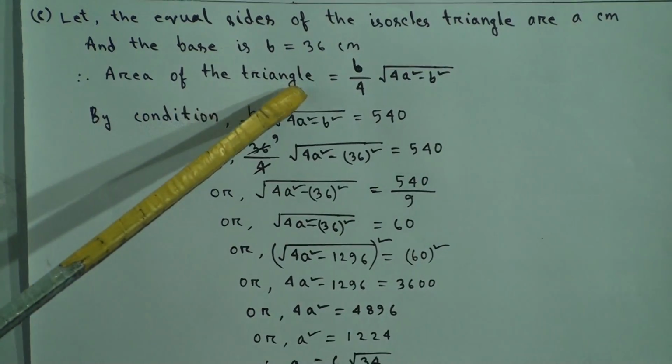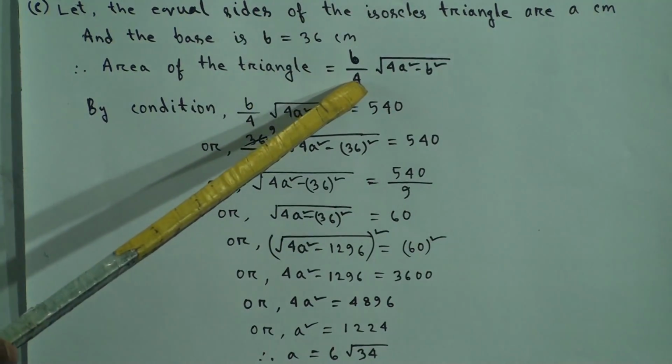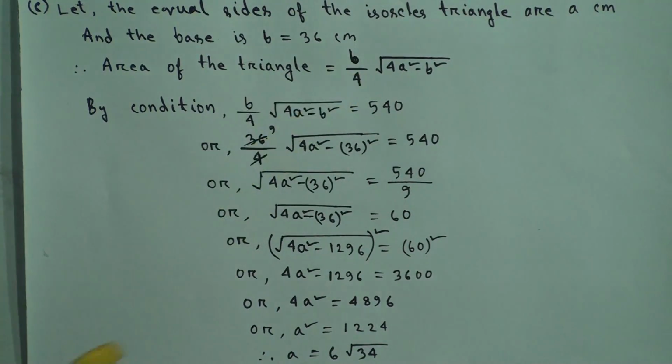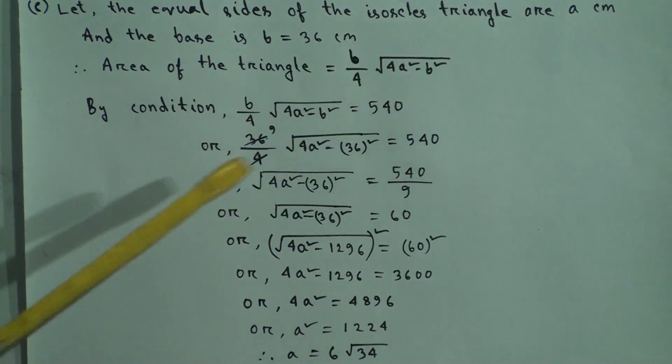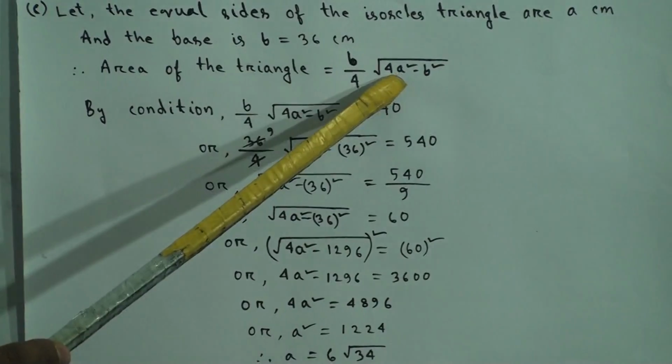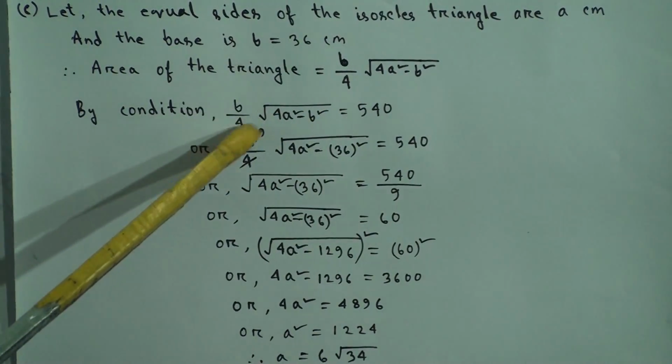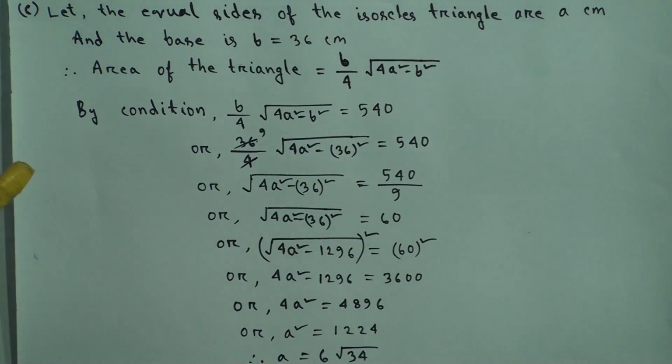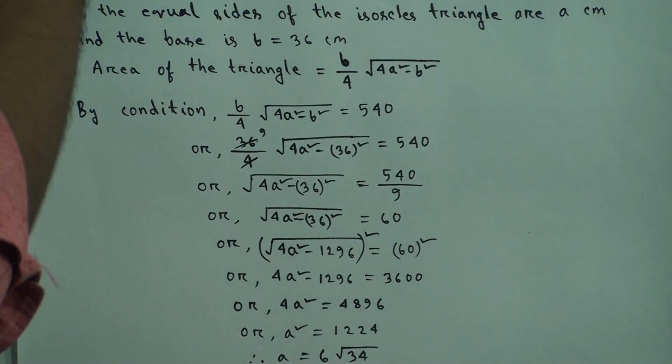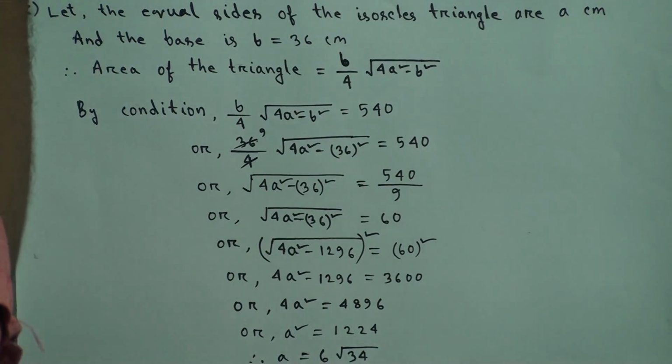Now area of the triangle, it is the formula of finding out the area of an isosceles triangle, b by 4 root over 4 a square minus b square. Now as per question we can write b by 4 root over 4 a square minus b square equal to 540, because in the question it is mentioned that its area is equal to the area of rectangular region.